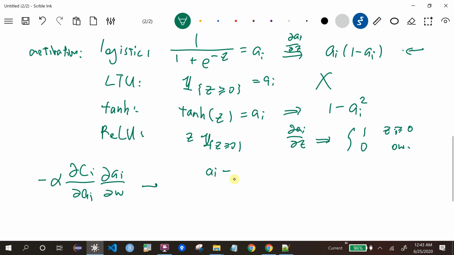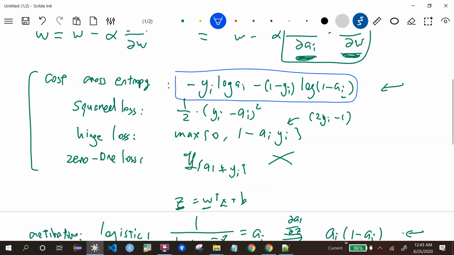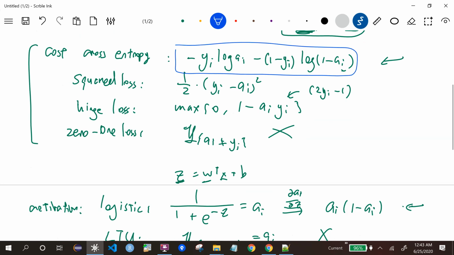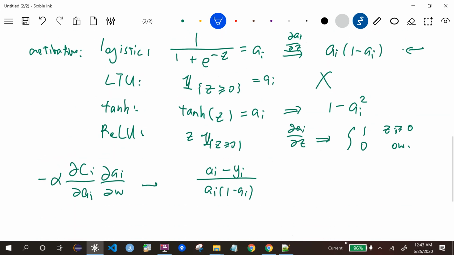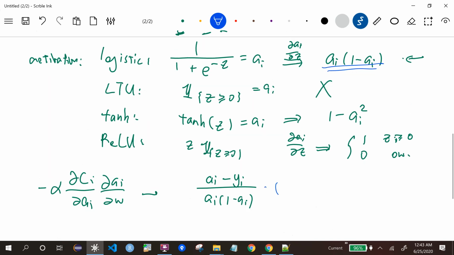Hopefully I get it right. (a_i minus y_i) divided by a_i(1 minus a_i). Just go back here and differentiate this expression, then combine the two fractions and simplify, then you'll get an expression like this. And then you have here this logistic derivative, so that's a_i(1 minus a_i).